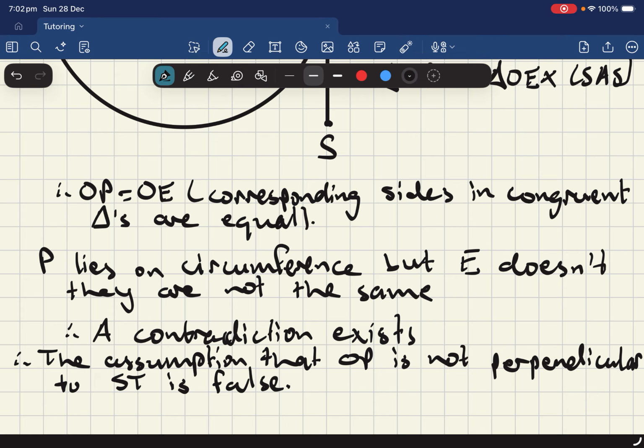Since this is false, therefore, angle OPT equals 90 degrees and OP is perpendicular to ST.